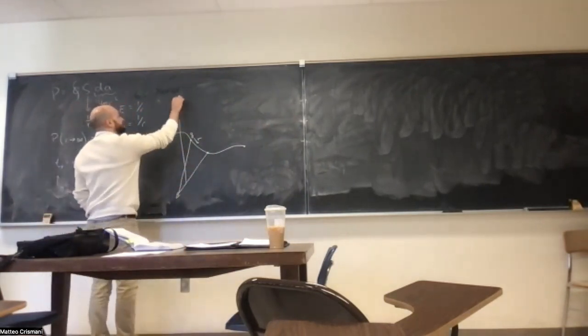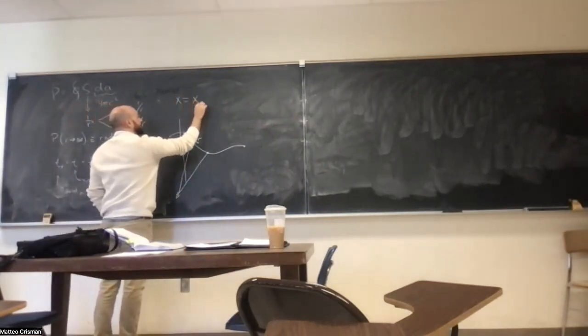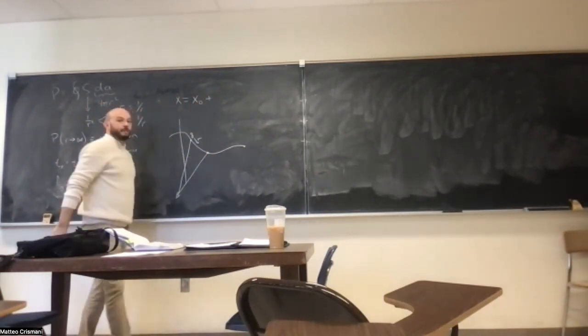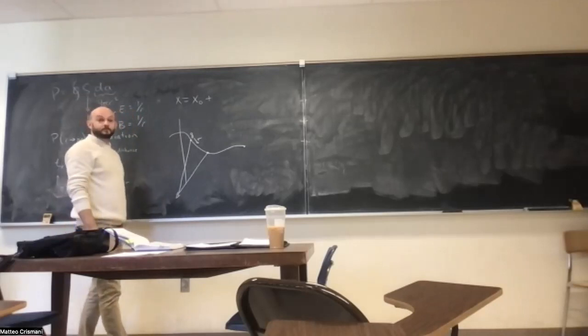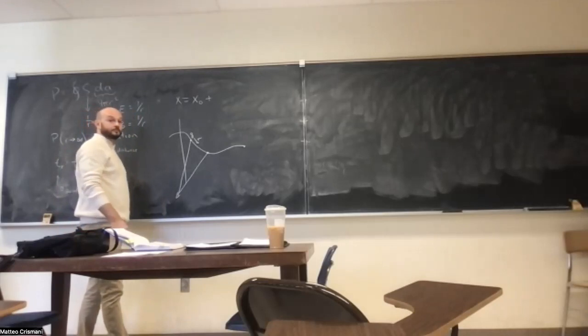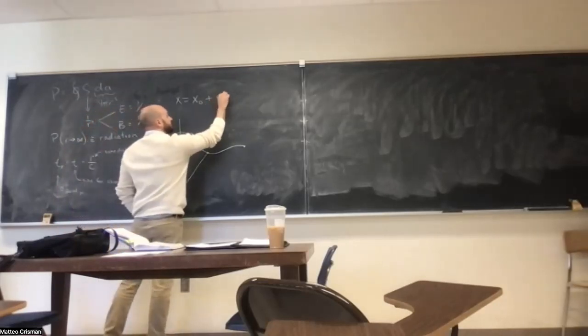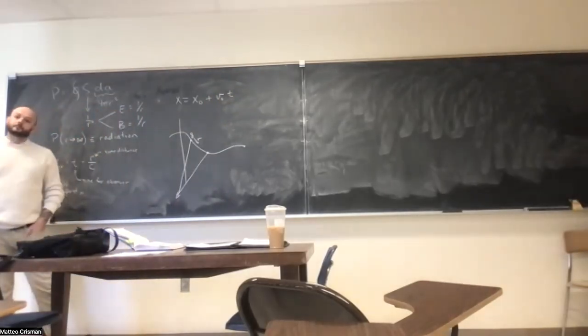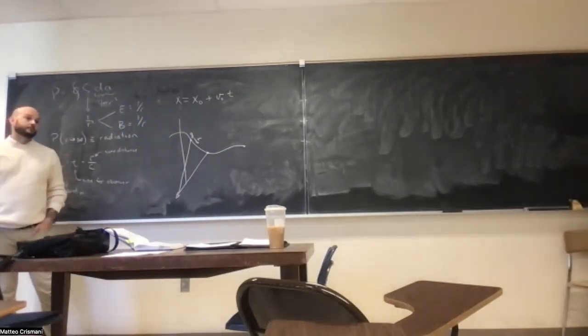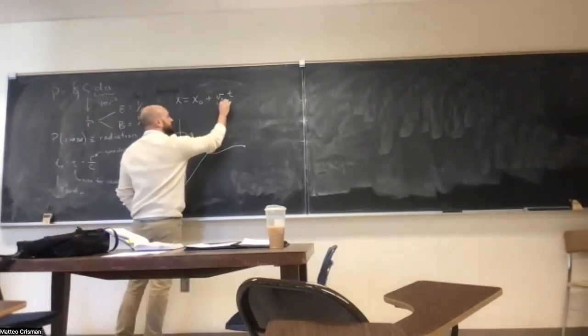Galilean transformation: x equals x naught plus v naught times t. Why is that right? Because we're not going to do just this. So this is some little distance.